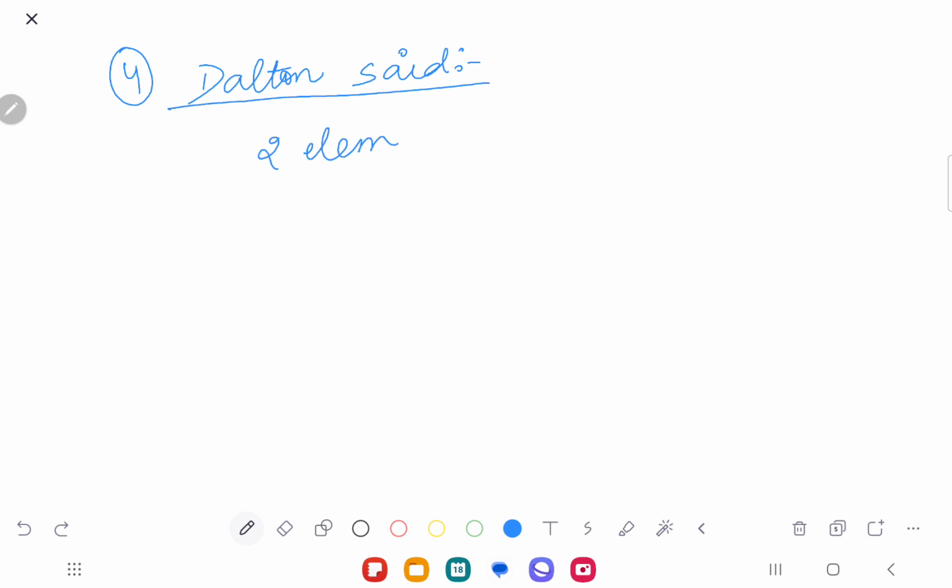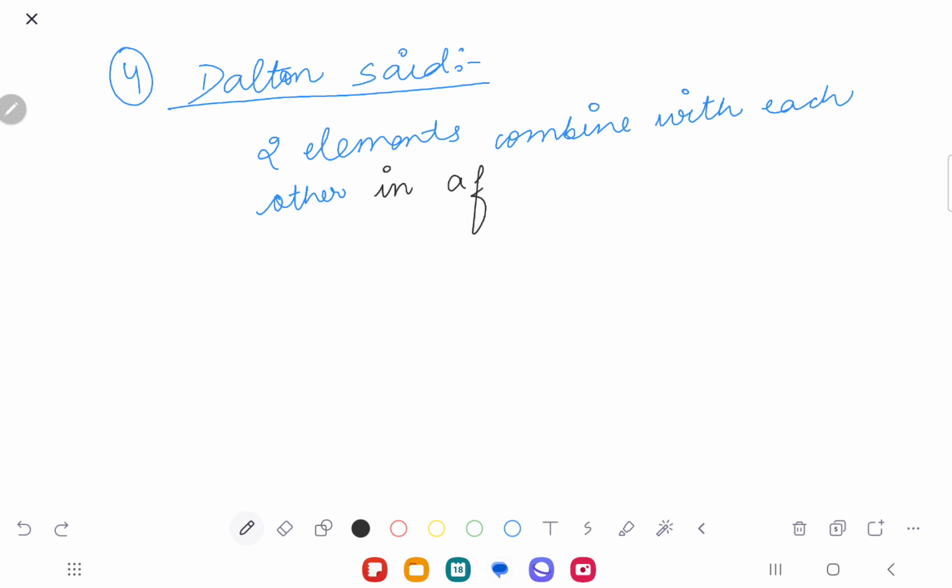The fourth part that Dalton said was that two elements combine with each other in a fixed ratio by mass, to form a compound.